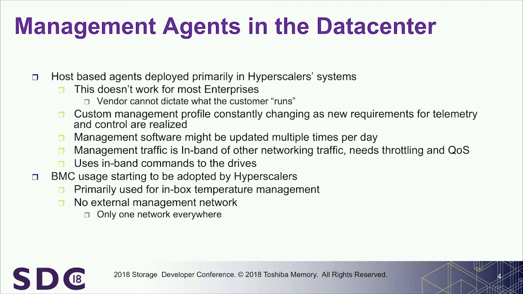But in the hyperscaler's case, it's mainly just controlling the fans. That's it. Its job is to keep that system, that tray of drives, at a certain temperature by spinning the fans at a certain speed. Only when it can't do that would it even notify the host agent and so forth. Any questions so far?